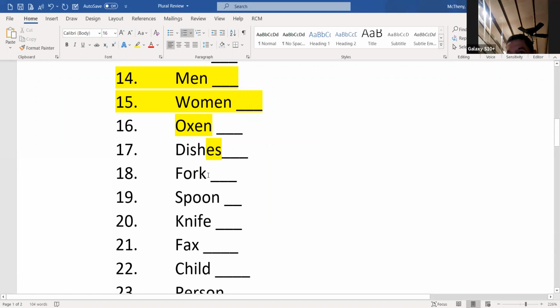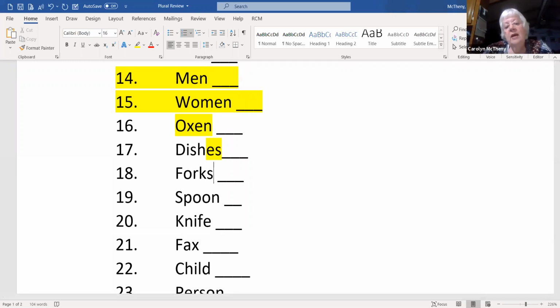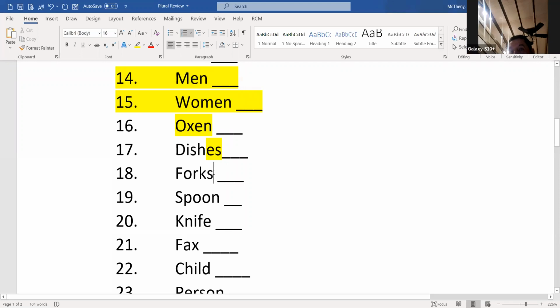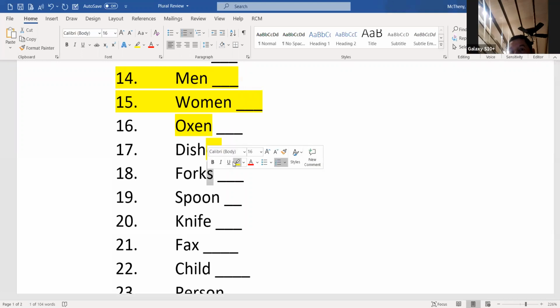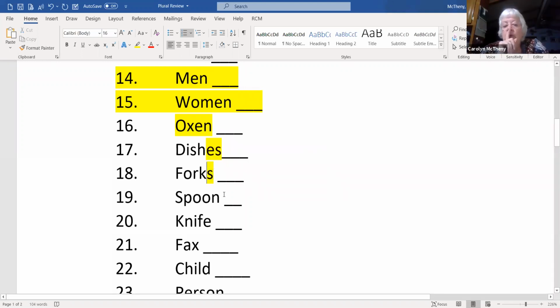Okay, look at fork. We have one fork, but you have two what? Forks. Yes, just S, no E. What about the next one, Marty? Spoon. You have one spoon, but you have two what?